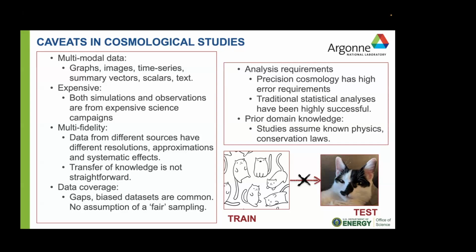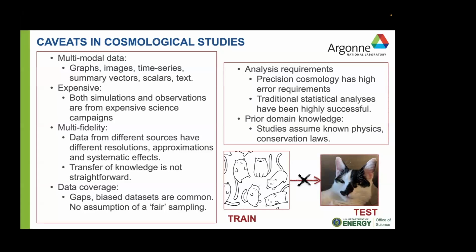The third is a multi-fidelity aspect. What I mean by that is the quality of the data can differ depending on what kind of sources we are talking about. An old telescope with low resolution can have a very different data behavior compared to a newer telescope, and even state-of-the-art simulations can be very different from older simulations.